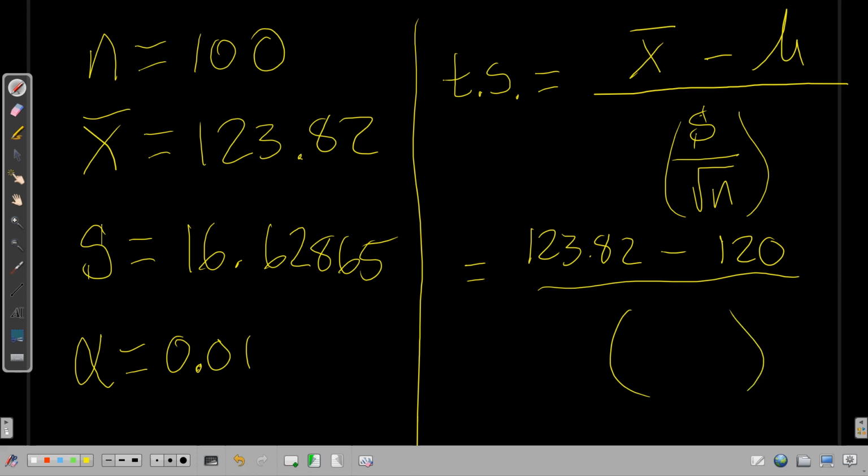It's s divided by the square root of n, that's the number that goes in the denominator. So make sure you are including those parentheses, otherwise you will have an error. So this would be 16.62865 divided by the square root of 100.